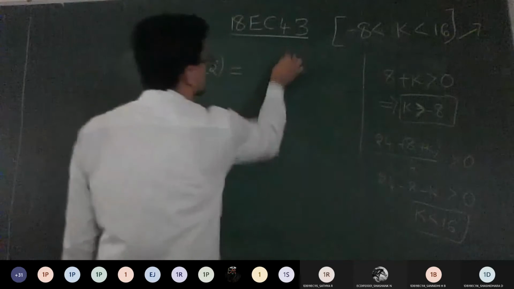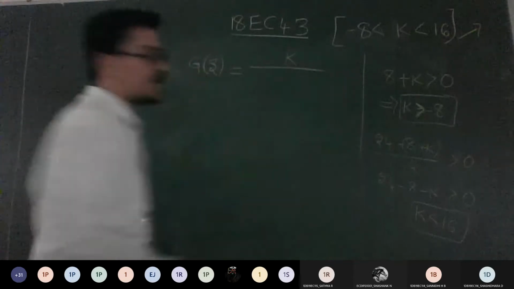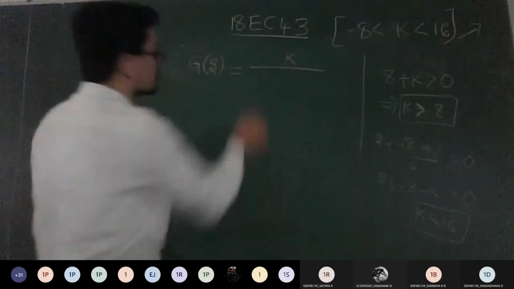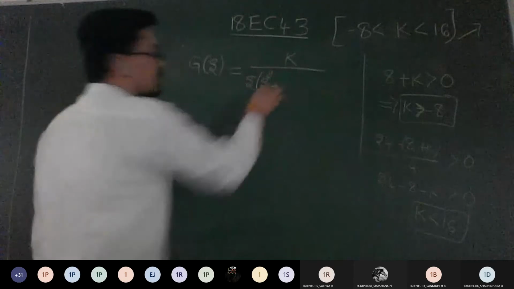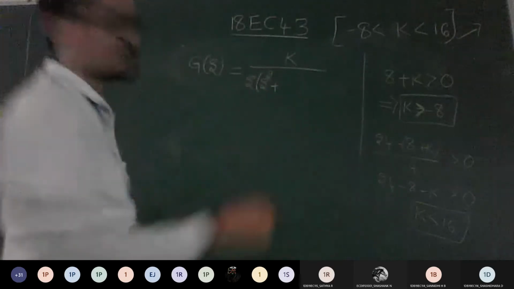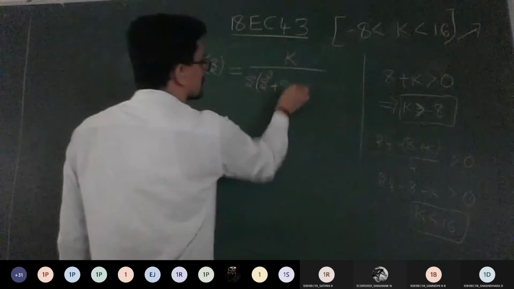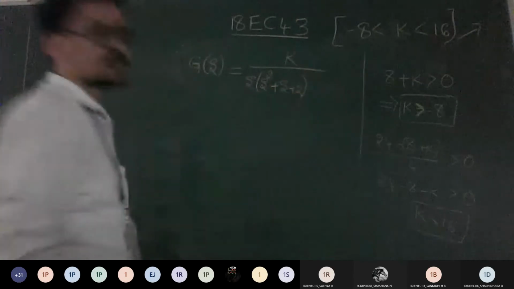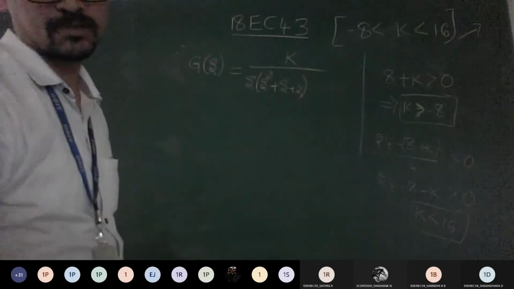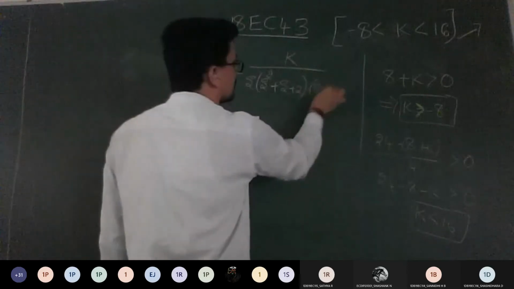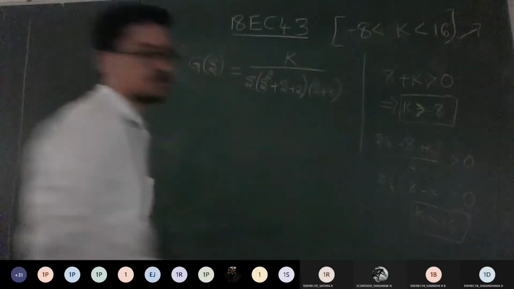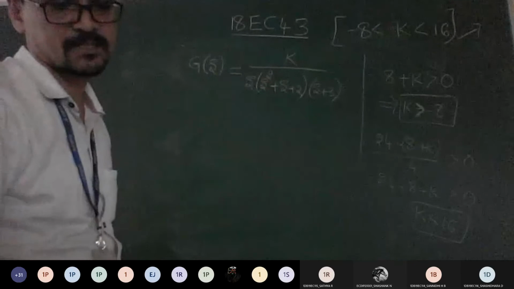So G(s) is equal to k divided by s into (s square plus s plus 2) into (s plus 3) into (s plus 3). So this is the given G(s).